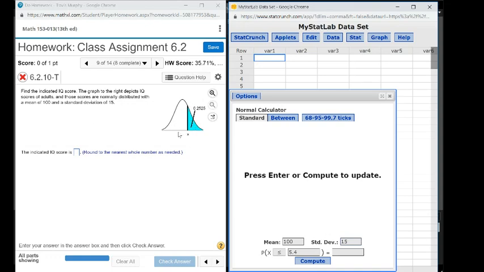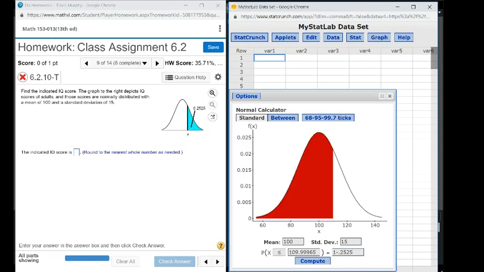If we take the complement, that would be 1 minus the area to the right, 1 minus 0.2525. We'll get the area on the left here, but it'll be the same score that corresponds to this area as the score that corresponds to this area here. So 109.99, rounding that to 110.